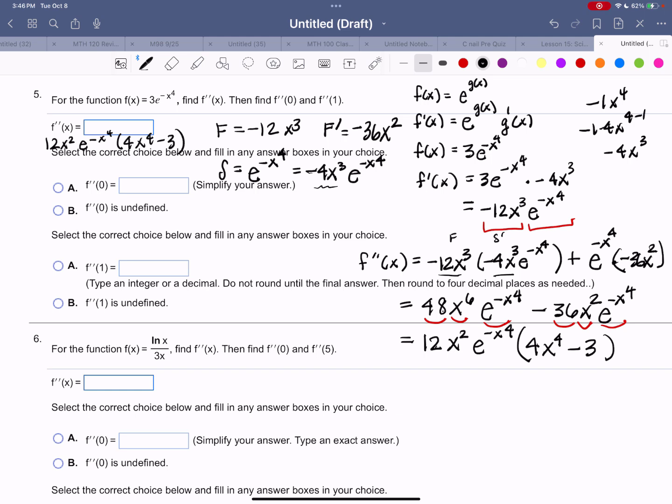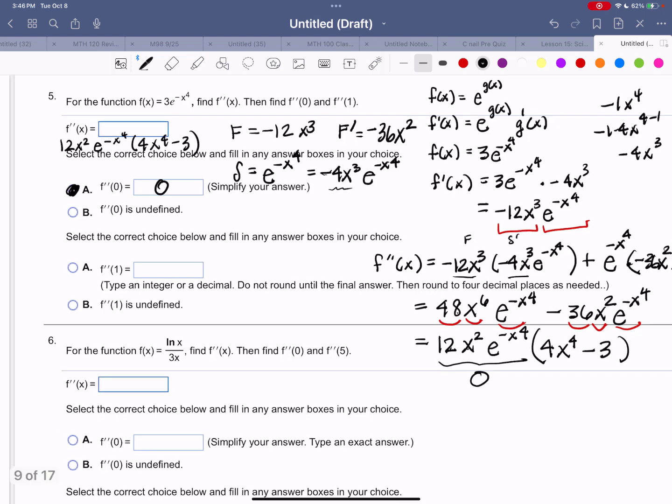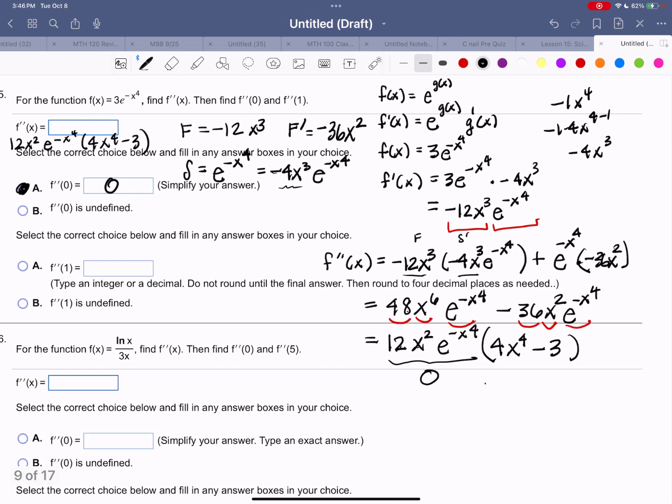Now, if I put a 0 in there, look, this is going to be 0. If that's a 0, x 0 squared, that's going to be 12 times 0 times e to that, and that didn't matter. It's going to be a 0. So this is just going to be a 0. So f double prime of 0, second derivative at 0.